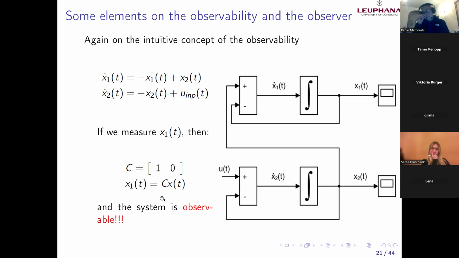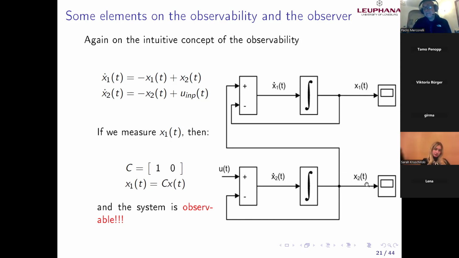The same exercise, in which I measure x1, in this case we have observability. Why? It is an intuitive idea of the observability. Because if I am measuring x1, I am here with my instrument. It seems quite clear, intuitively at least, that thanks to this line, this is the feedback, I will have information not only on x1, because I measure it, but also on x2, because they are connected.